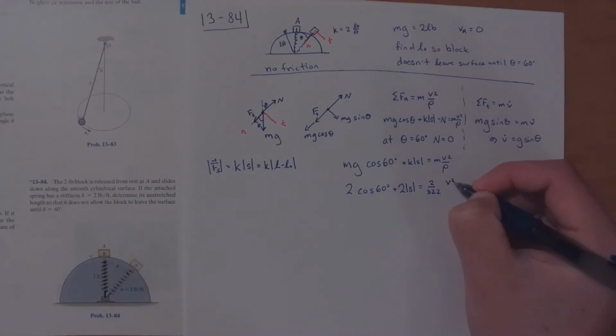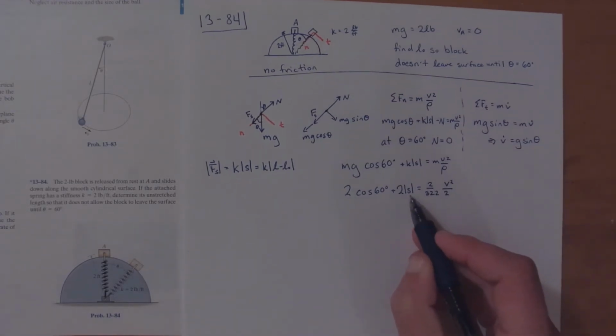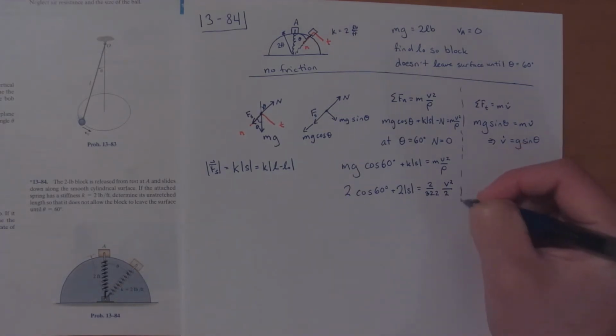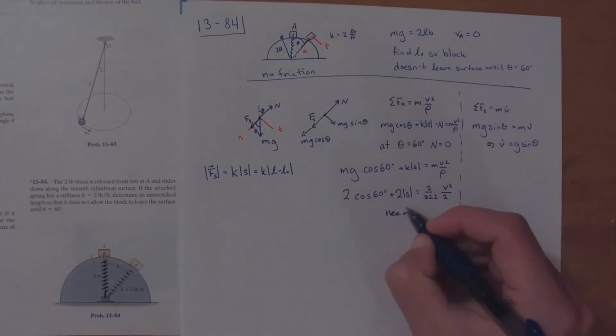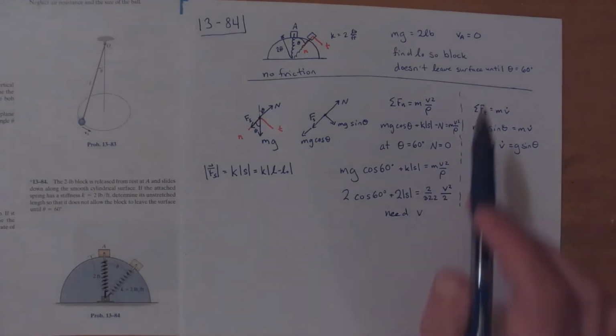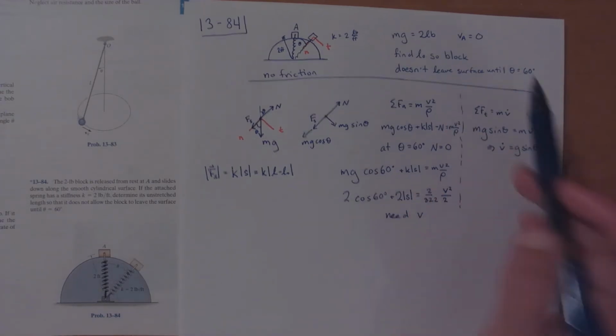And I do not know v, and rho is equal to 2 feet. I'm looking for S because if I can find S, I can find L naught, but the problem here is that I need v when theta is equal to 60 degrees, and all I know is that when the block is released, the velocity is 0.